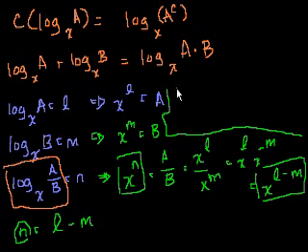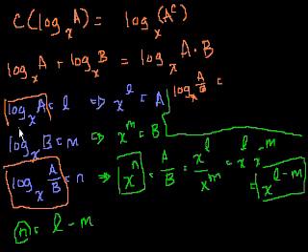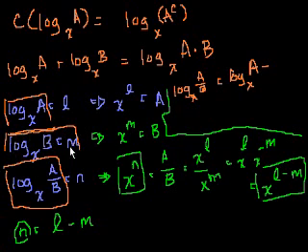So logarithm base x of a over b is equal to L. L is this right here: log base x of a is equal to L. So it's log base x of a minus m. I wrote m right here. That's log base x of b.